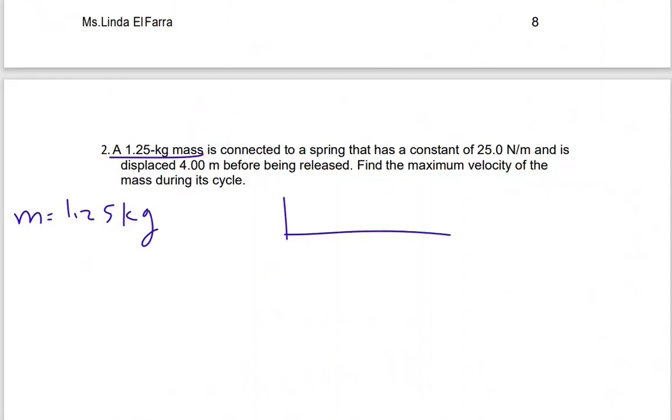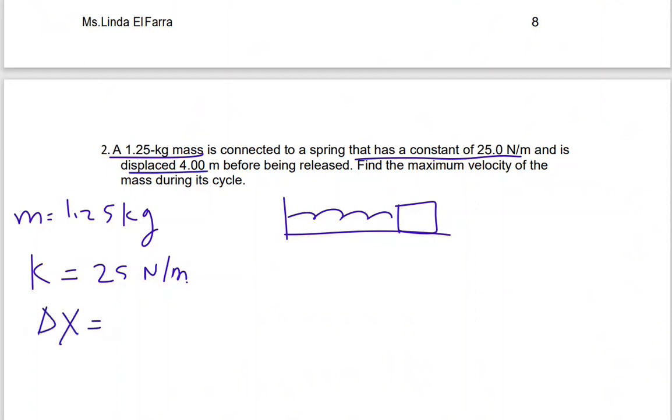So we have a spring here and a mass connected to the spring. It has a spring constant of 25 newtons per meter. This is the spring constant. It is displaced 4 meters, so delta x is 4 meters before being released.